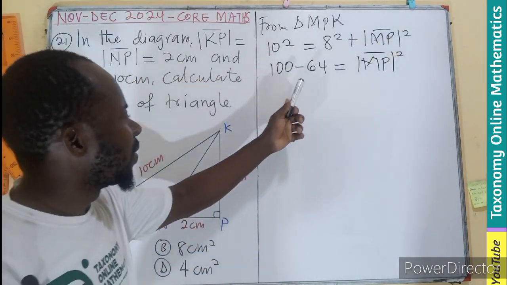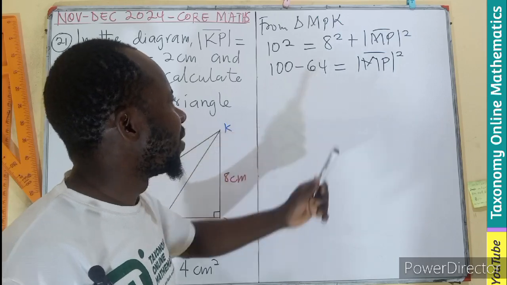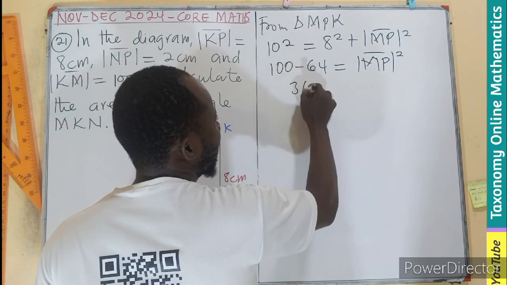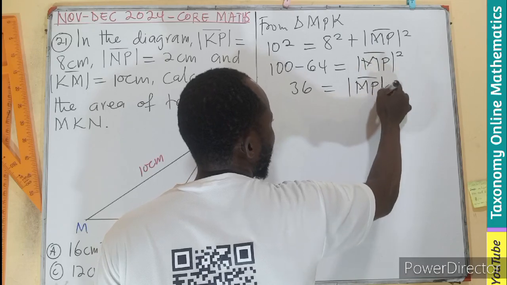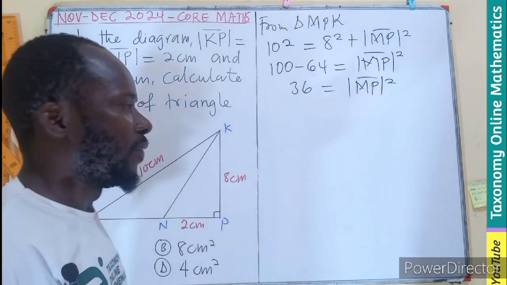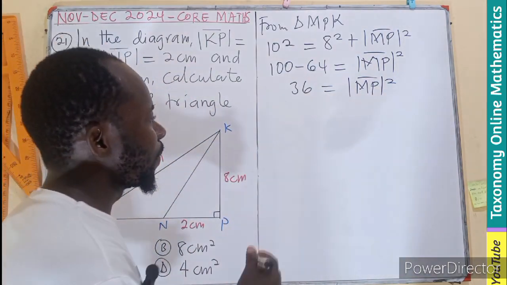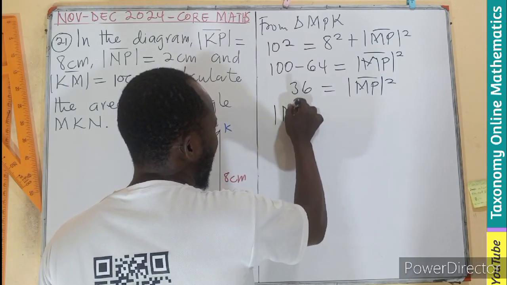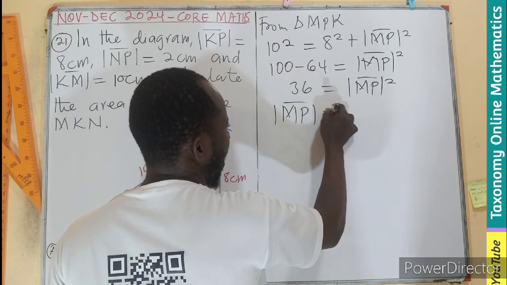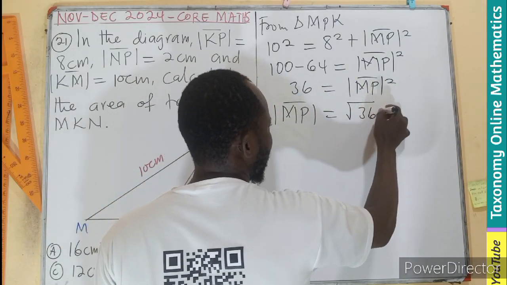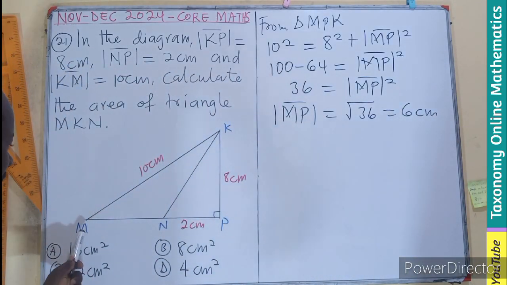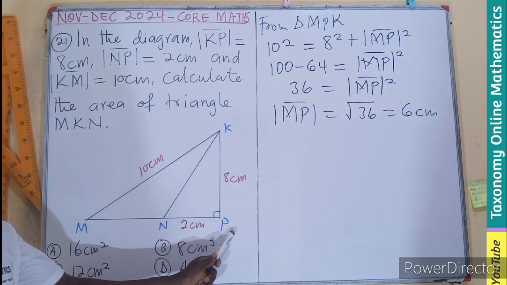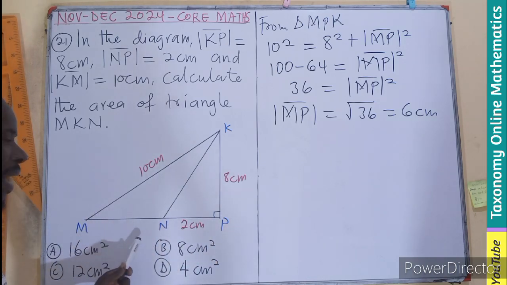That is 36. So I'll have 36 equals MP all squared. If you find the square root of both sides, the length of MP will become the root of 36, which will give us 6 centimeters. You can see from here, M to P, 6 centimeters. But I'm looking for MN.